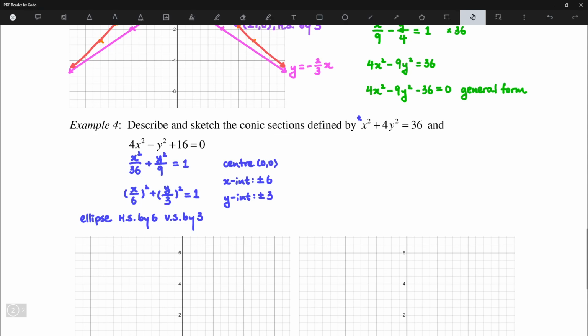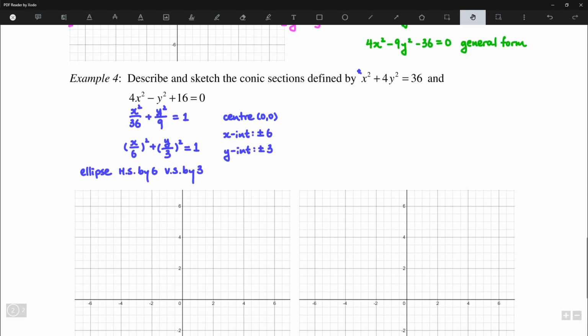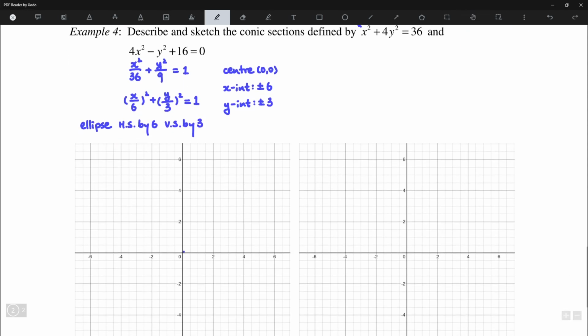Okay. So now we have enough information to draw the shape. We have the center, we have the y-intercepts, both positive and negative. We also have the x-intercepts, both positive and negative as well. So of course, the center is not part of the curve.